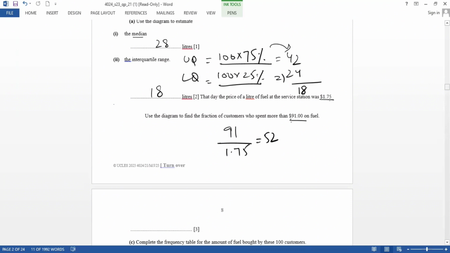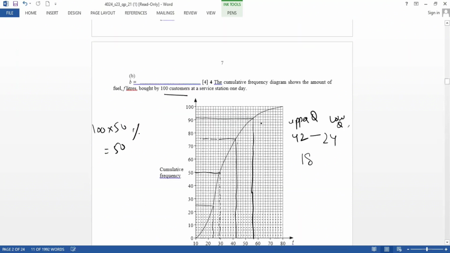So we'll look at the graph at 52 liters. How many customers bought 52 liters or more? The answer is 88.